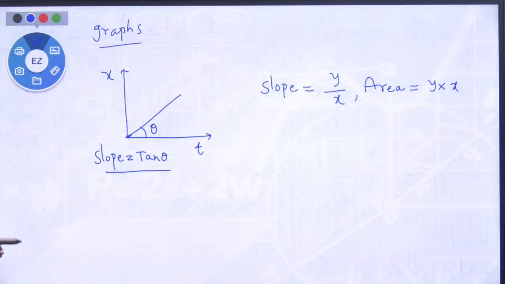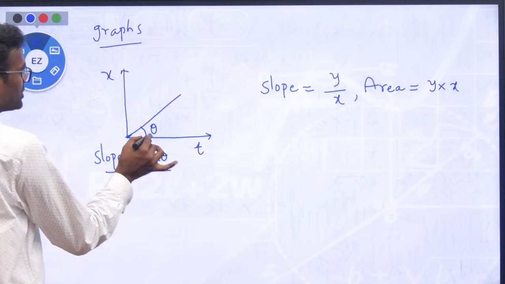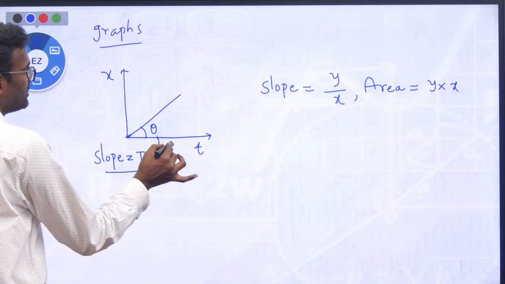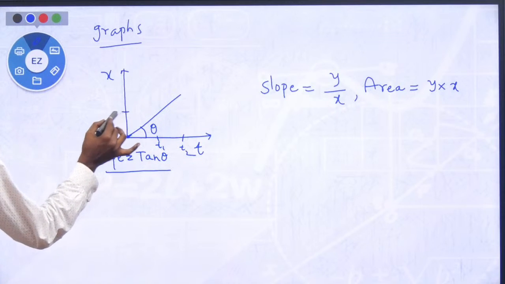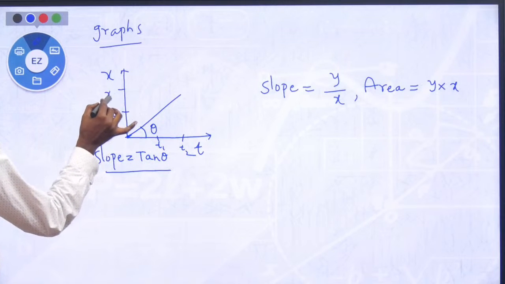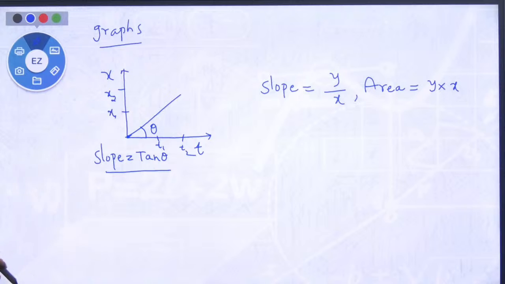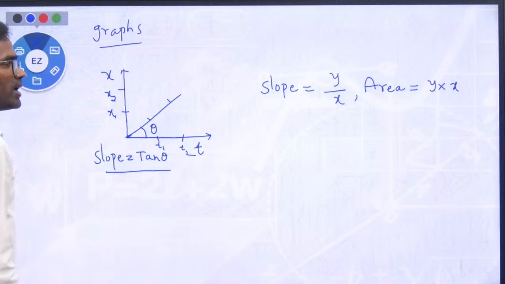If the coordinates are given, x coordinates and y coordinates, suppose let me write here. This is t1 second, this is t2 seconds. At the time of t1, the position of the particle is x1. At the time of t2, the position of the particle is x2. Clear? So we need to select 2 points on this line.